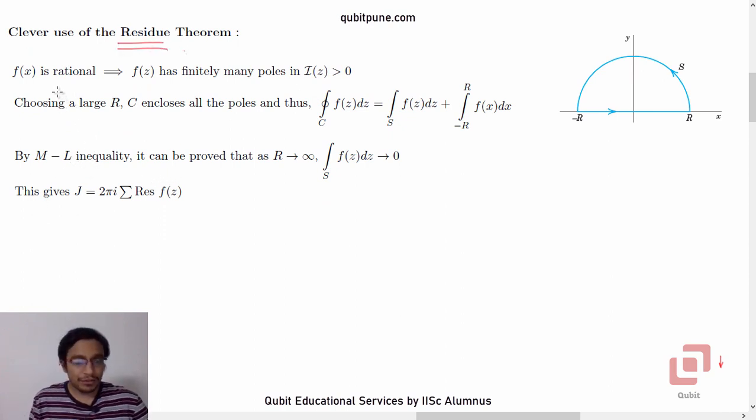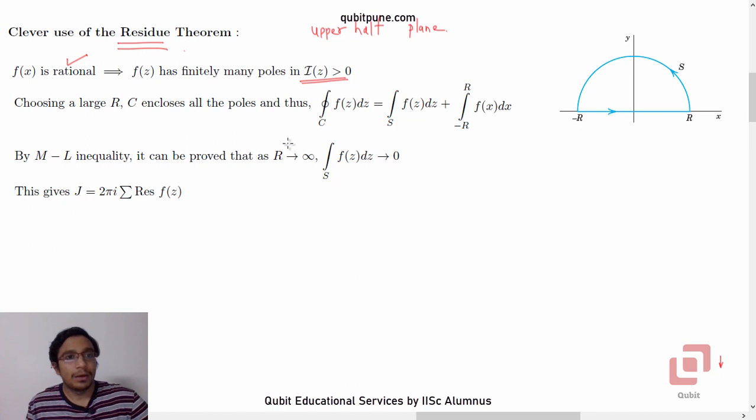Now because we have assumed that f(x) is rational, we can be 100% sure that f(z) has finitely many poles, and we'll only consider the upper half plane, imaginary part of z positive.